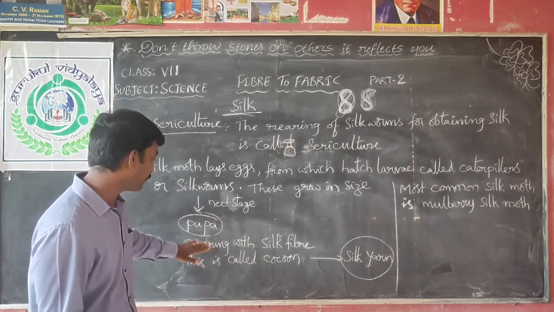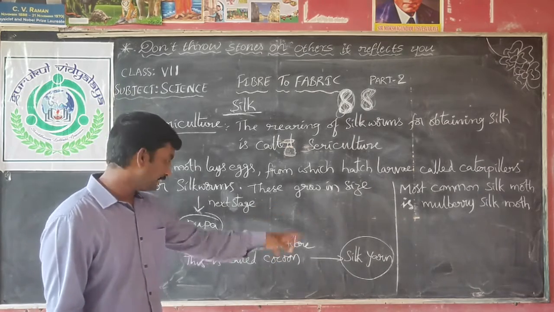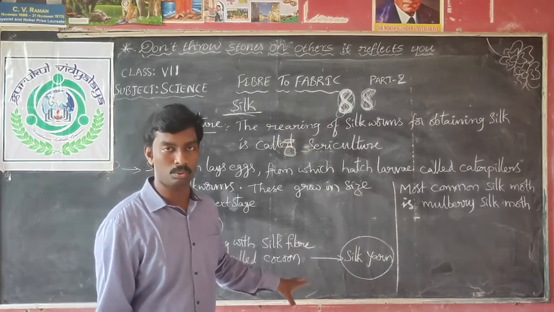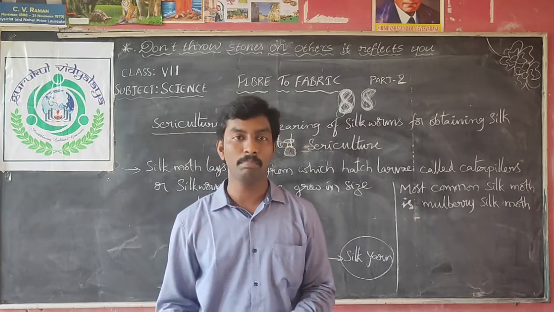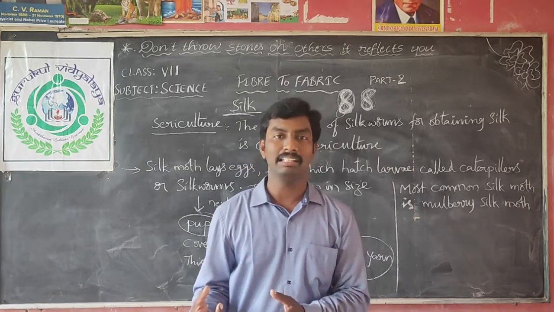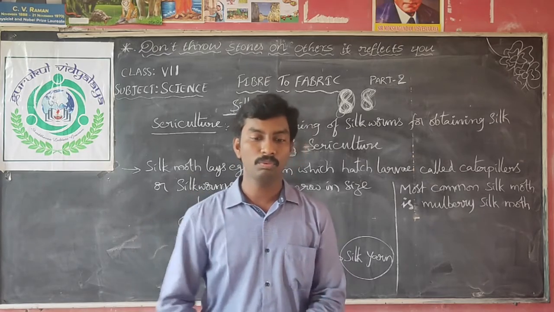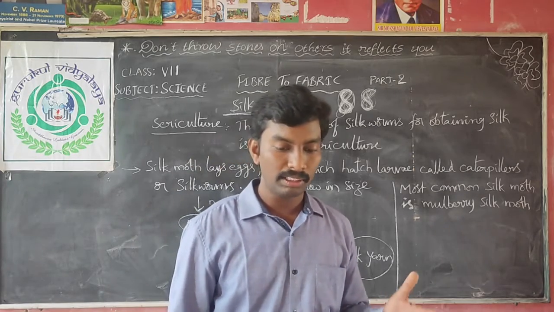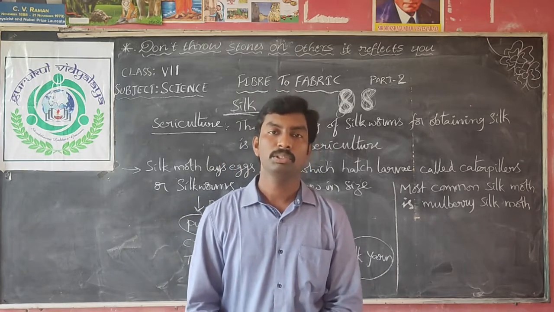In the next stage they become a pupa and cover themselves with silk fiber, which is called a cocoon. That cocoon had fallen into the cup of tea or coffee she was drinking. Due to the heat, she observed some silk in it. From then they understood how silk is obtained from the silkworm.